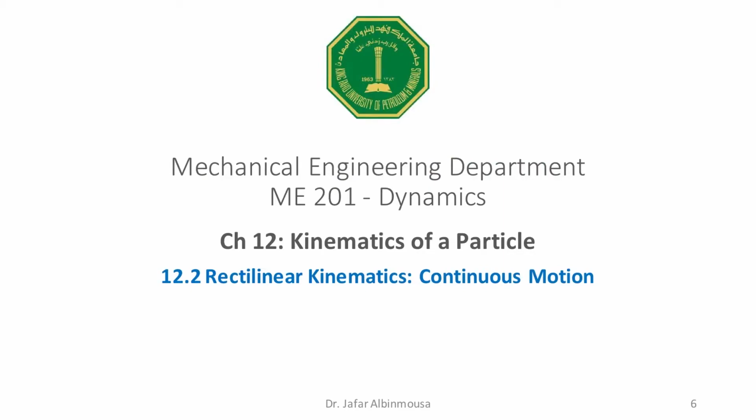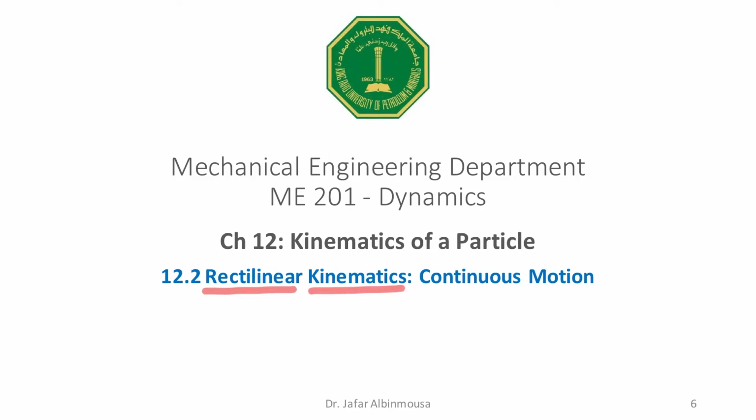Now, let's start talking about the rectilinear kinematics and continuous motion. I just want to tell you that the key words here are rectilinear and kinematics. As we discussed earlier, kinematics means that we are going to deal with the geometric aspect of the motion.